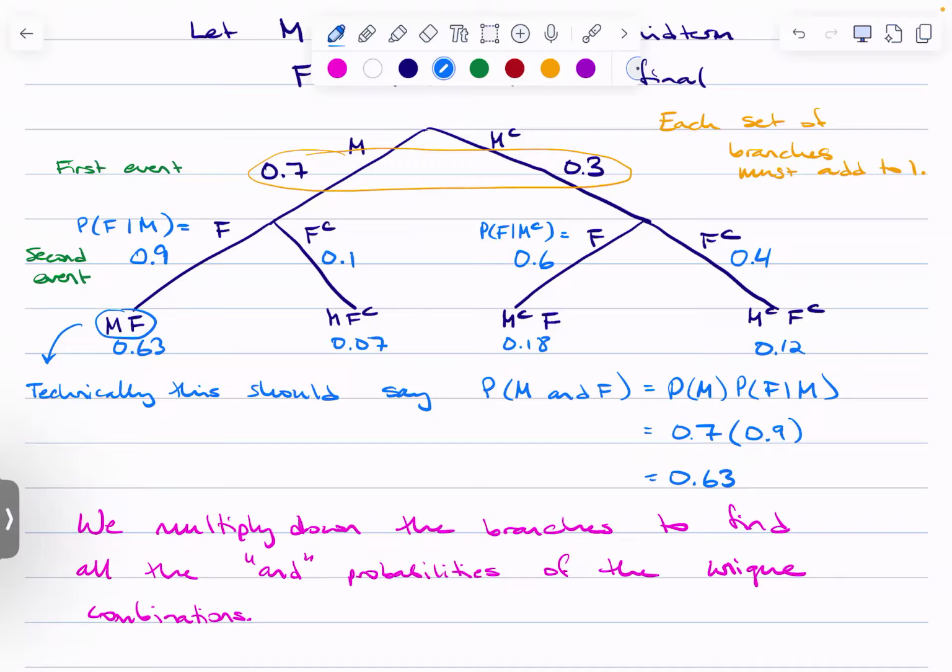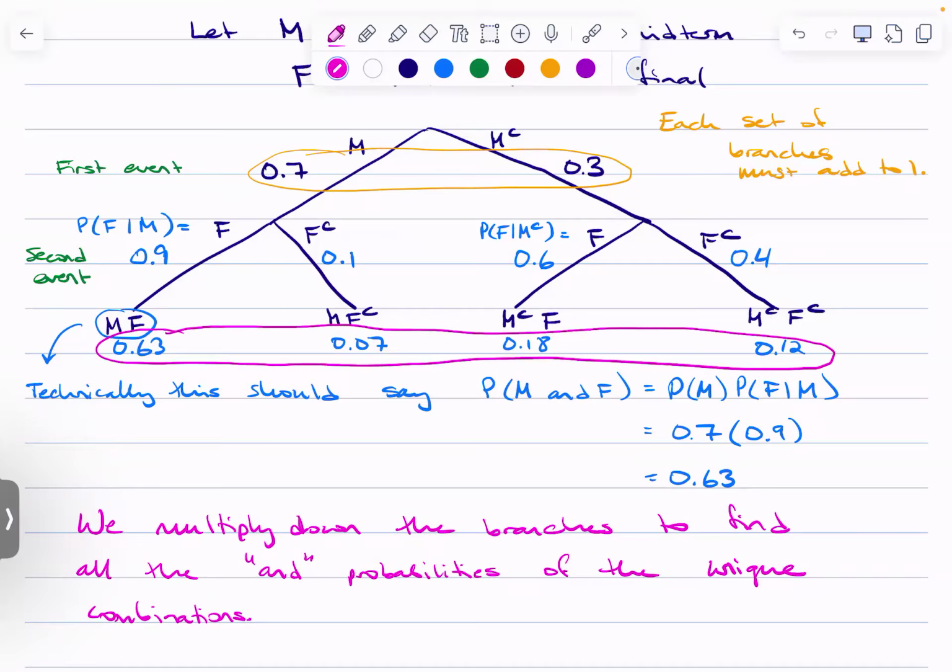Just as before, right? Each set of branches must add to 1. So now this is a new kind of set of branches, and these must add to 1. I use it just to check my work, right?